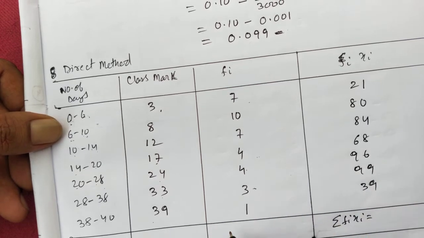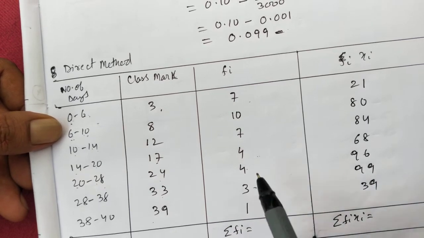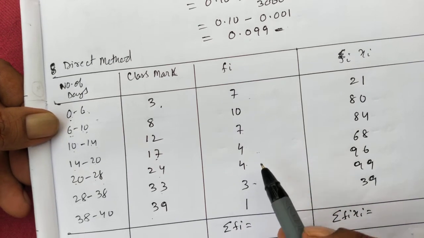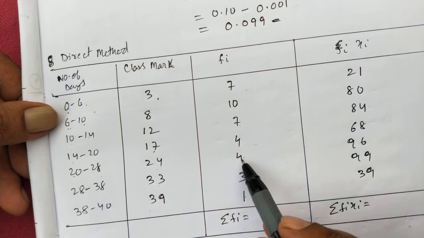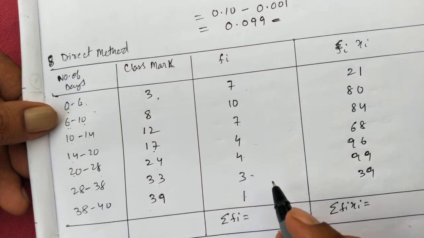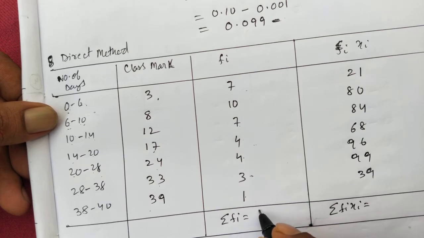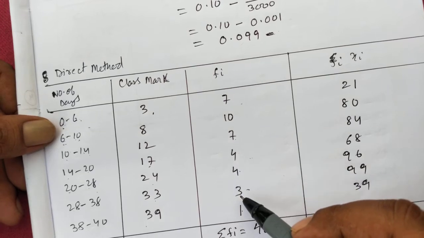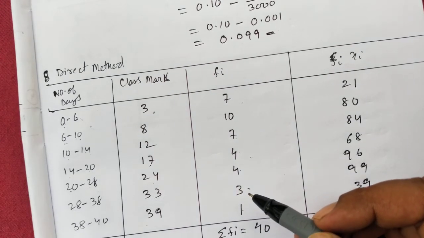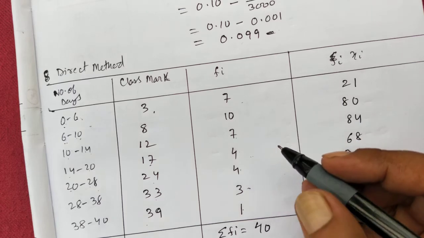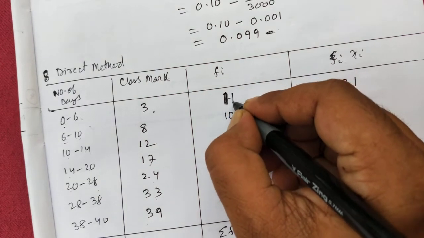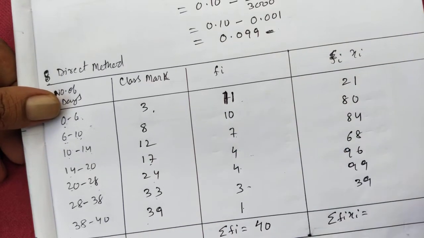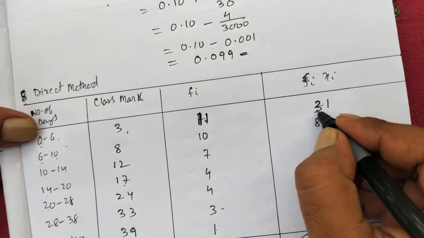Find the total of this. 10, 7, 7, 14, 24, 28, 29, 33, 40. So this is 11, okay? I made a mistake. This is 11. So it will come up to 40. 11 threes are 33 here.